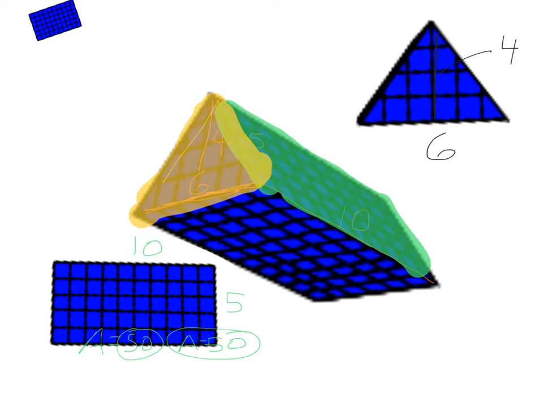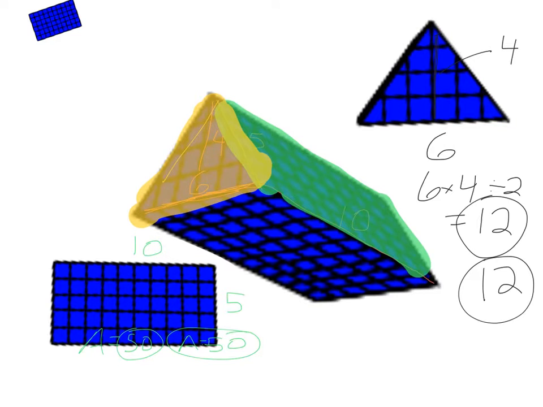So to find a triangle, I just multiply and then divide by 2. So 6 times 4 is 24, divided by 2, that equals 12. So the area of the front triangle is 12. I also have the back triangle, which is another 12. So 12 for the front, 12 for the back. And don't forget we've got 50 for the right side, 50 for the left side.